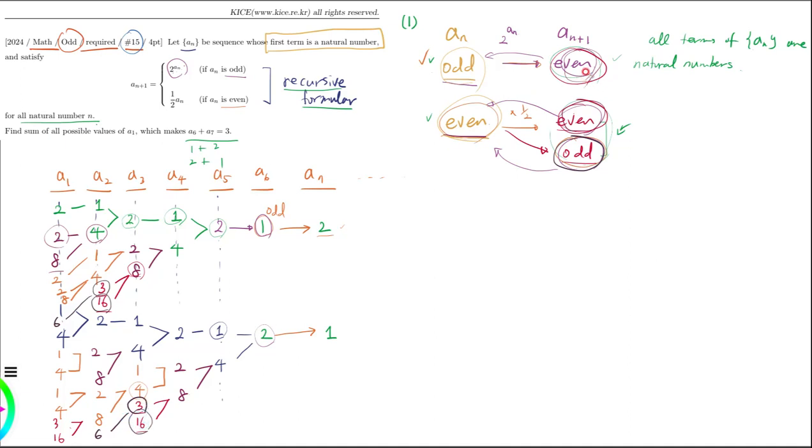Because this is even, but 16 is 2 to the 4th power, so actually the previous number is 32 is the only option, because 4 is even. Previous number cannot be 4.